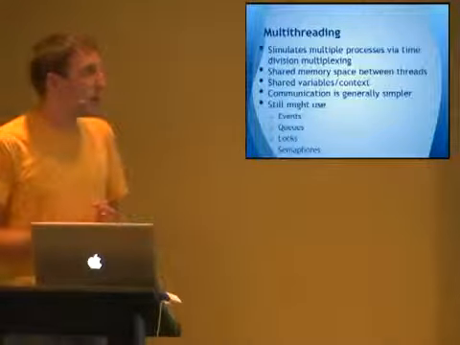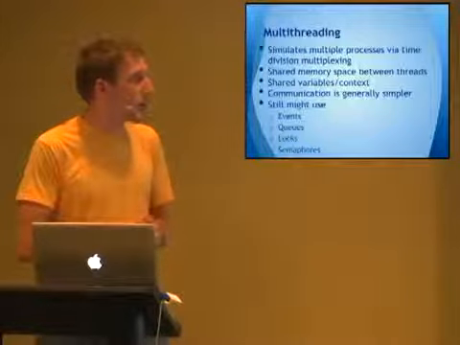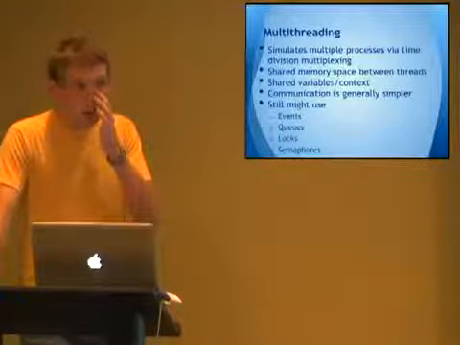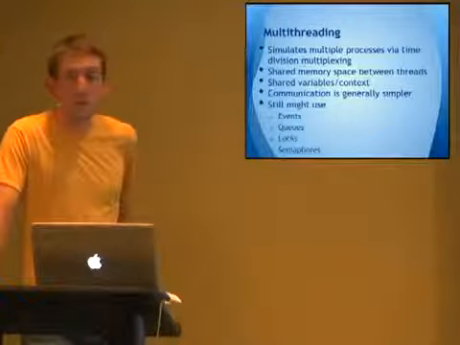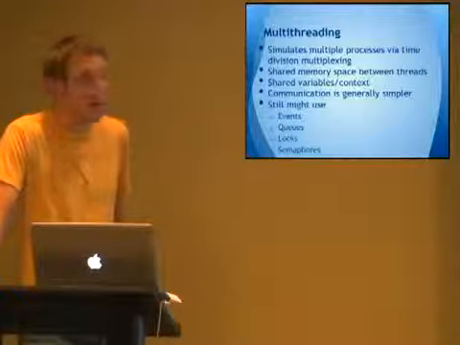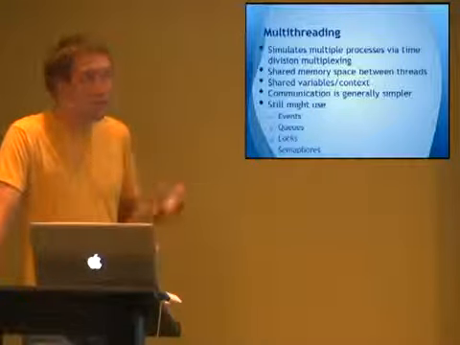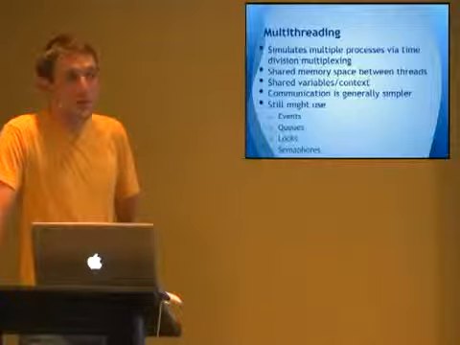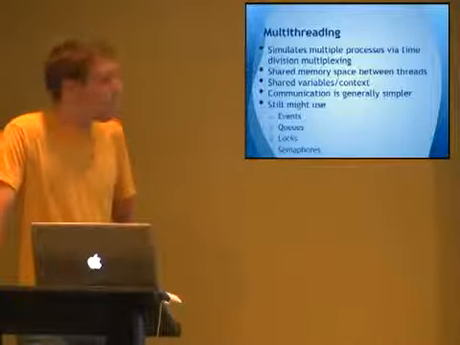This is managed by the process scheduler. Here, though, as opposed to multiprocessing, you do have shared address space and shared context between the multiple threads, and this makes it a lot simpler to write applications because you have the context between the threads, and you don't need to do so much fancy inter-process communication.